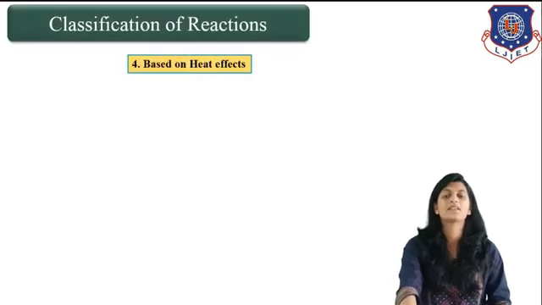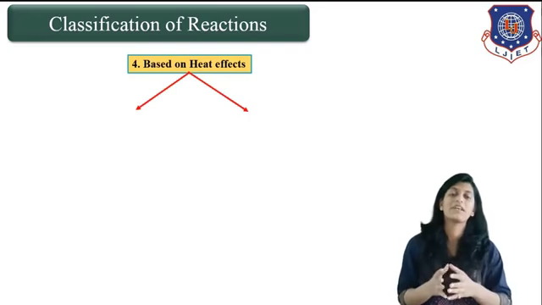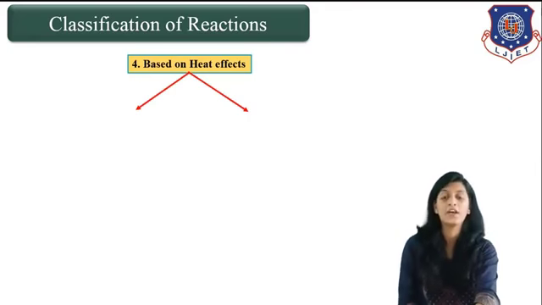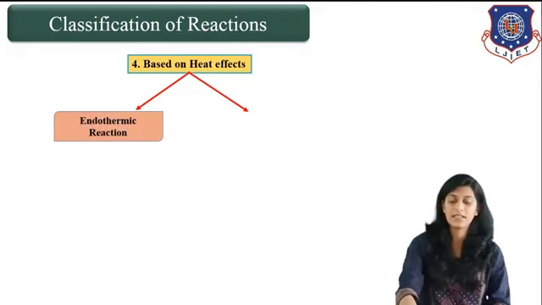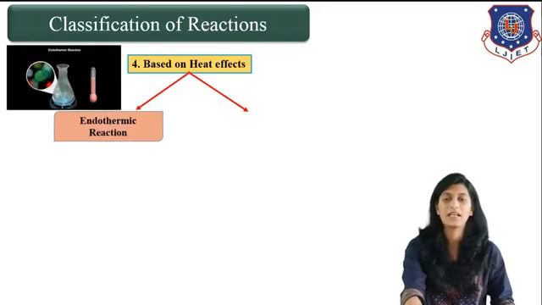Next is based on heat effect. Depending on the usage of heat, whether the given reaction is absorbing heat or liberating heat, we can have two different categories. One is endothermic reaction, where the heat is absorbed.